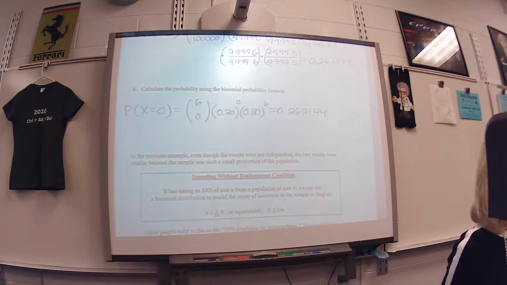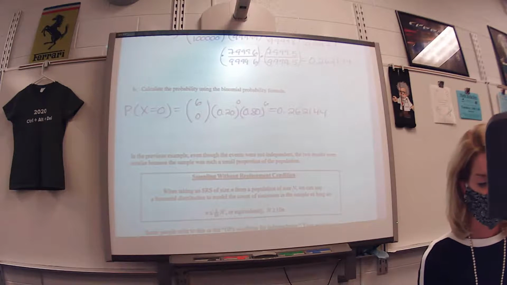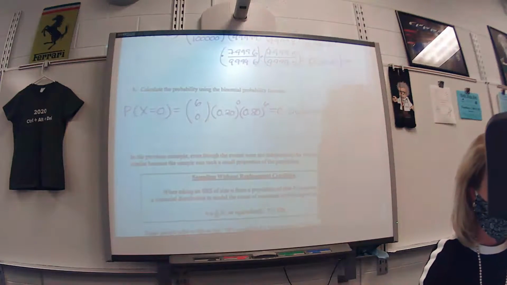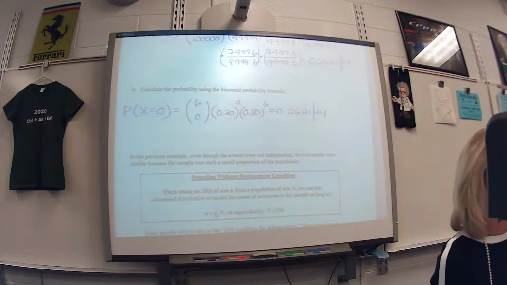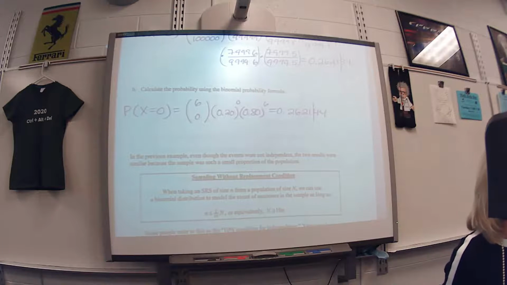So are the answers identical? No. But they are exactly the same up to the 4th decimal, which is pretty darn close.